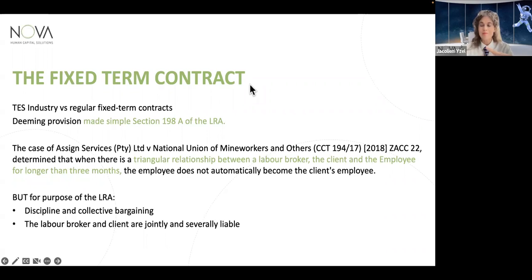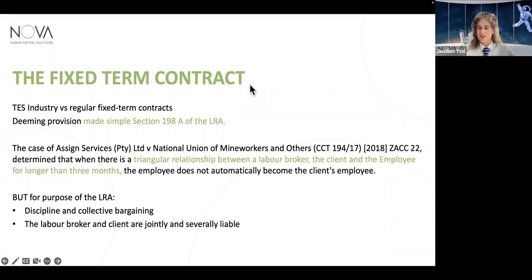Their cost to company must be the same. So again, an example, if the permanent employee of the client, the cost to company is 5,000 Rand, but 500 Rand goes for medical and 500 goes for housing. The labor broker employee doesn't have to get a housing allowance and a medical aid, as long as his cost to company is also 5,000 Rand.